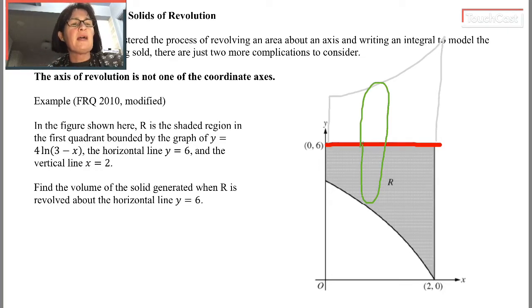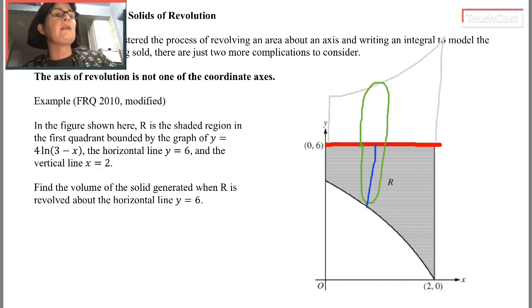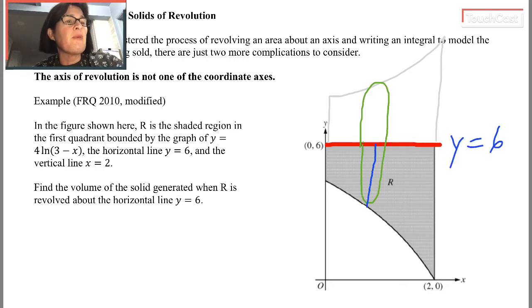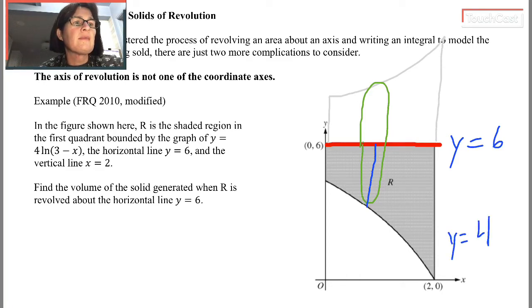So now that green slice, if I draw in the radius, I start my pen at the center of this circle, which is the face of my disc, and draw the radius down to the edge of that circle, right? And what two curves does my blue radius bump up against? Well, its top limit is my axis of revolution, y equals 6, and the bottom of my blue radius hits this curve, y equals 4 natural log of 3 minus x.